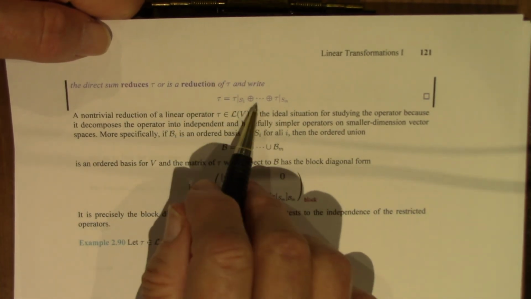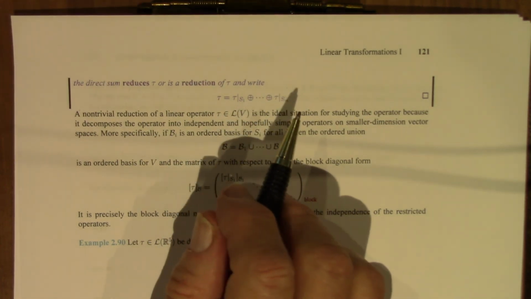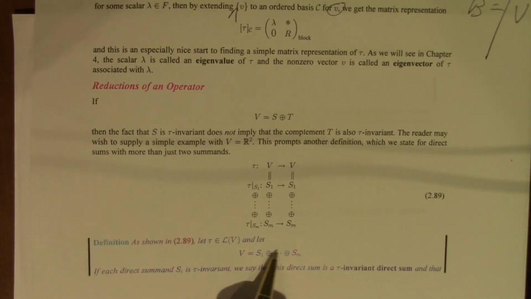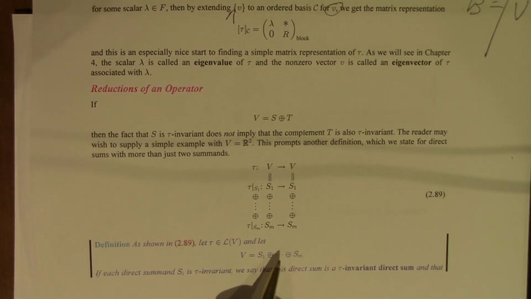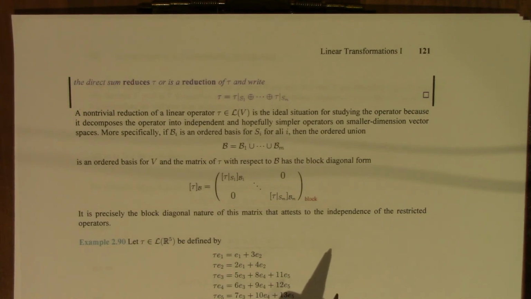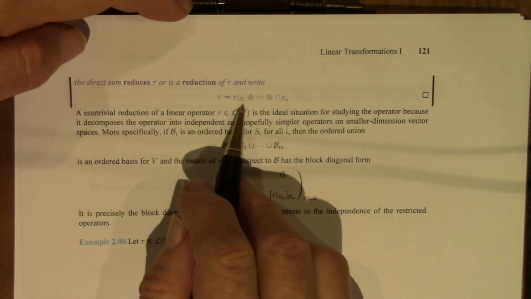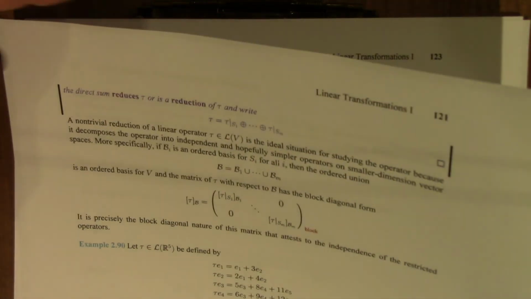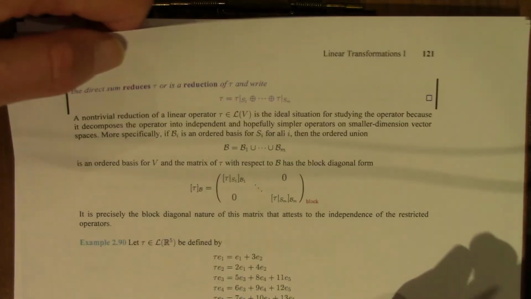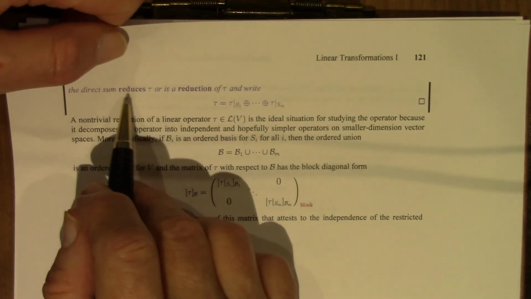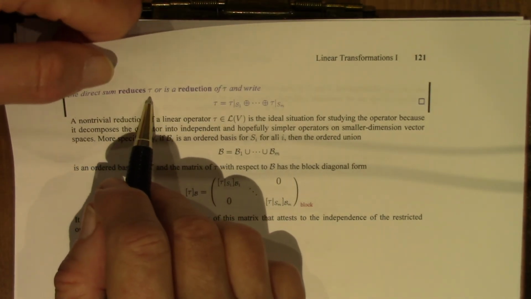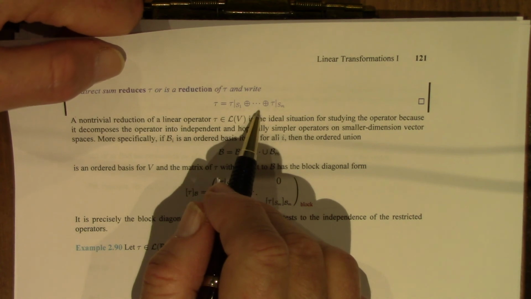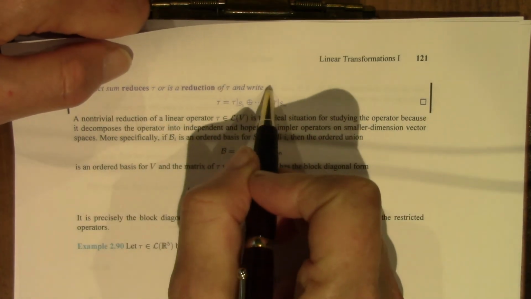We also say that the original direct sum reduces the operator tau, or provides a reduction of the operator tau. I guess I should actually say the direct sum reduces tau, and that this is a reduction.